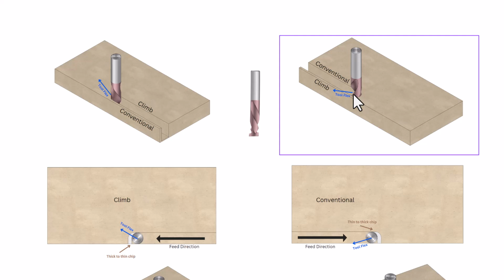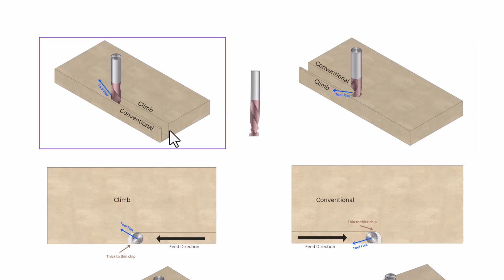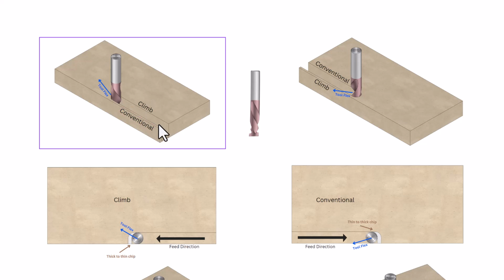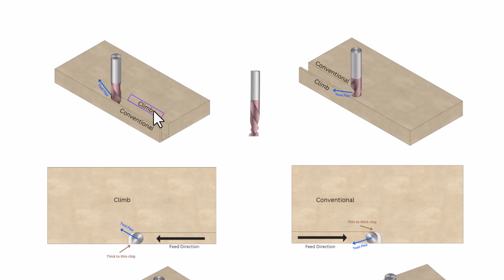So as I mentioned a moment ago, when you're doing a trench, and typically you always are when you're doing a full slot cut for your first pass, you're entering the material and cutting through, and you are actually cutting both climb and conventional all at the same time, because one side of the line is going to be climb cutting and the other side of the line is going to be conventional cutting.